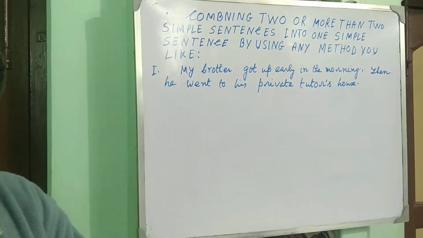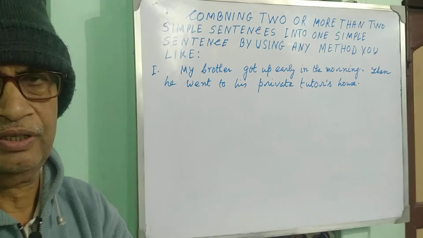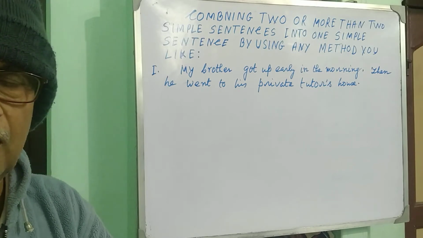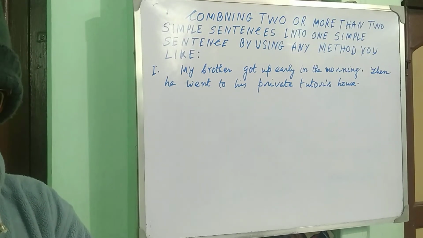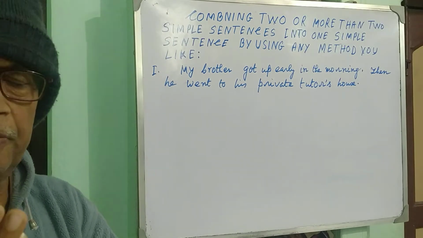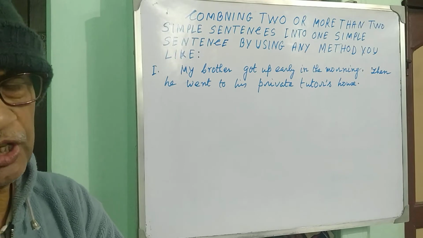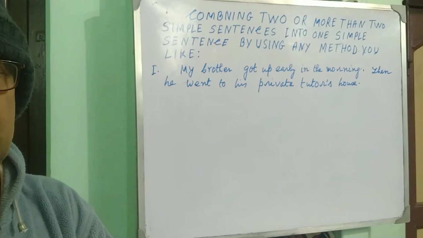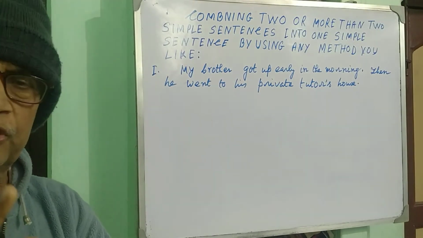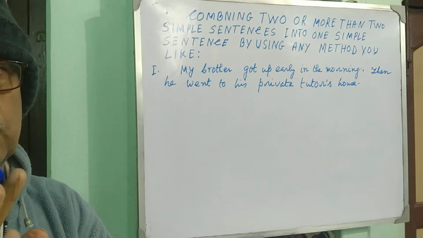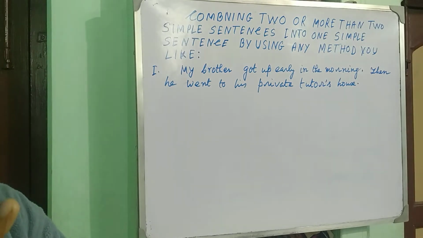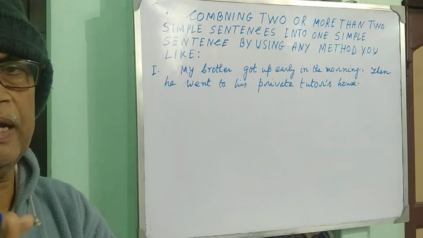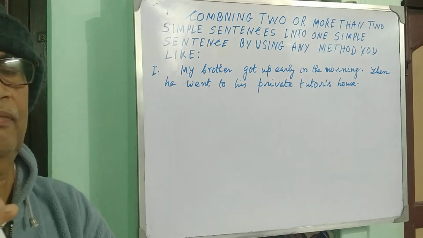I want to remind you of the methods like participle, absolute phrase, infinitive, preposition plus noun and preposition plus gerund, noun in apposition or phrase in apposition, etc. These are the 5 methods by which you can combine two or more than two simple sentences into one simple sentence.